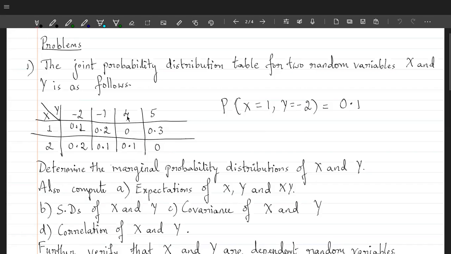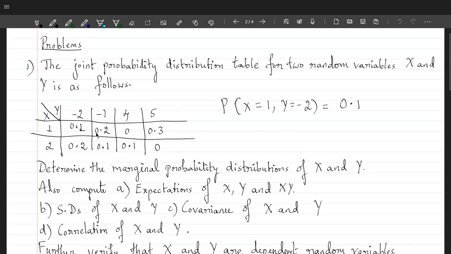In that case, the value of x plus y is 5, and that is obviously greater than 0. So the corresponding probability will be 0. Now if you take the case when x is 1 and y is 5, then also the sum 1 plus 5 is greater than 0. So the corresponding probability will be 0.3.